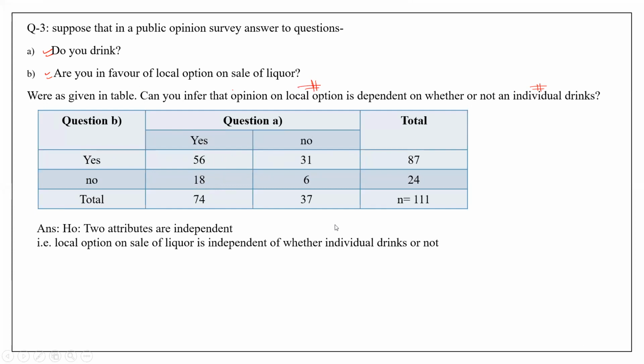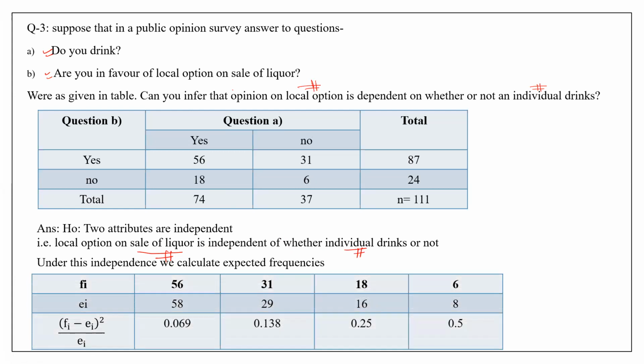So the null hypothesis anyway is saying that the two attributes are independent. It means the local option on sale of the liquor is independent of whether the individual drinks or not. They both are not related to each other. This is your initial assumption. So to test the hypothesis, you calculate the expected frequencies. Already we know how to calculate them.